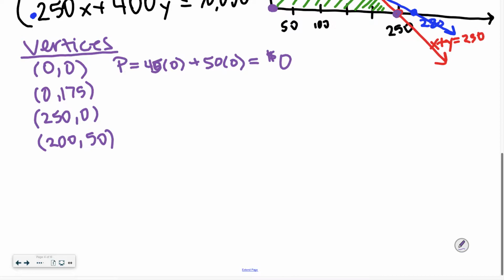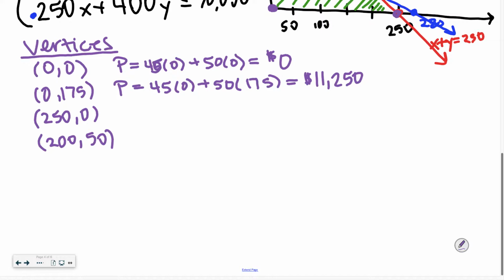Not surprising. Our profit of 45x plus 50y, and this is where your calculator is really going to help you, will give us a profit of what? 11,250. 11,250. Okay.